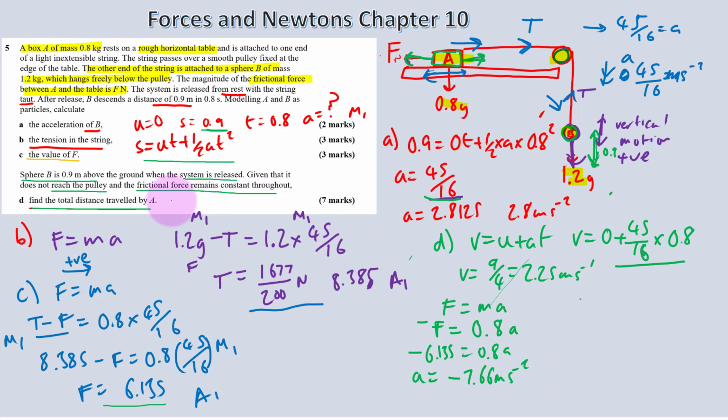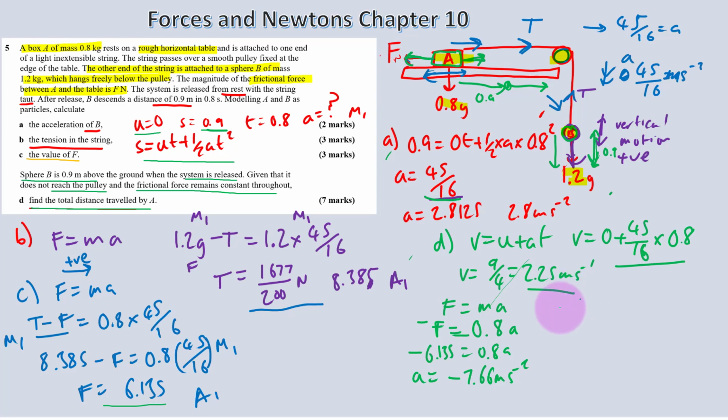Okay, now this is a tricky question, because we know the initial u of this system is 0, right? That's at the start. But imagine when this B has hit the ground, this A would have moved the same distance, 0.9, and it's going to continue moving. And at this point, this is what we're working out. At this point here, it's still moving at what we found here, v equals 2.25.